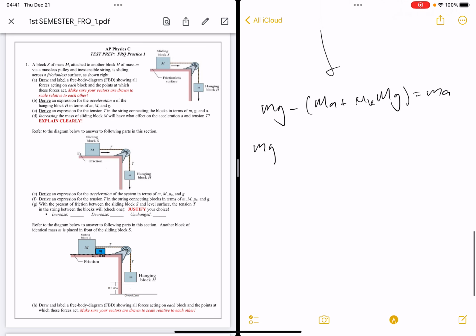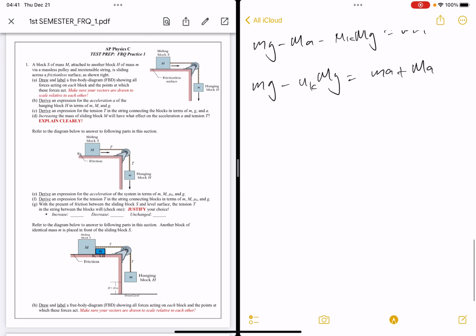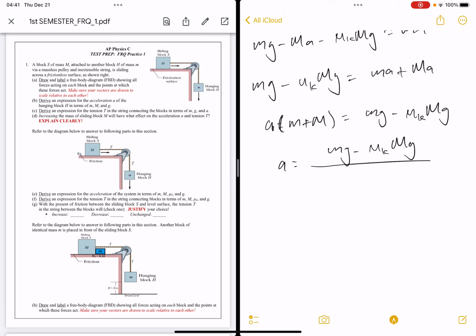I'm going to distribute the negative sign: mg minus Ma minus mu k Mg equals ma. I'm going to get the a's on one side again, so mg minus mu k Mg equals ma plus Ma. I'm going to factor out the a, so A times (m plus M) equals mg minus mu k Mg, and A equals (mg minus mu k Mg) over (m plus M).